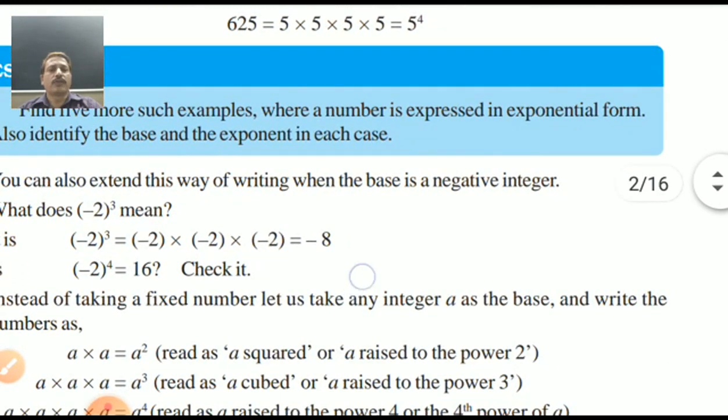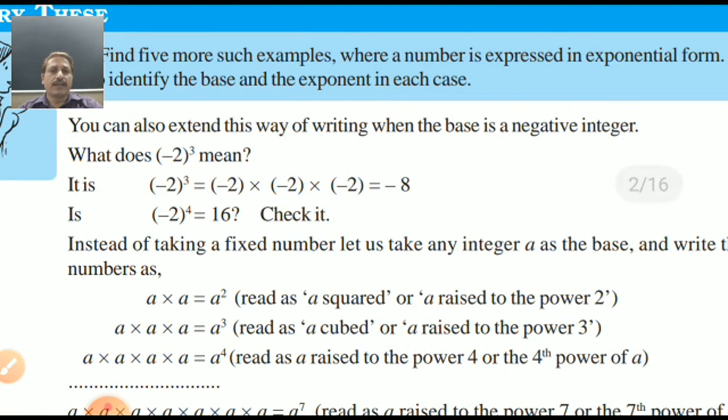You can do yourself. Now one more thing is here, when you multiply a negative number. Yes, you are right. Whenever you multiply negative numbers, if the count is even, answer is positive. If 2 are there, both are negative, answer is positive. If 3 are there, answer is negative because it's odd number 3 times. Yes, my dear student, here minus 2, minus 2, minus 2.